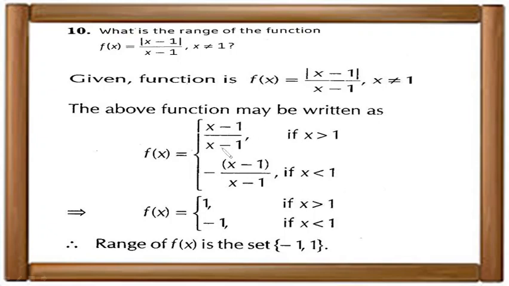So x minus 1 upon x minus 1 is 1, and minus of x minus 1 upon x minus 1 is minus 1. So what is the range of this function? The range is basically minus 1 and 1, only two numbers. Whenever x is greater than 1, it gives 1 as the answer, and whenever x is less than 1, it gives the answer as minus 1.